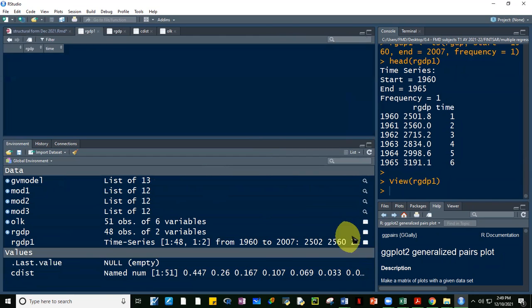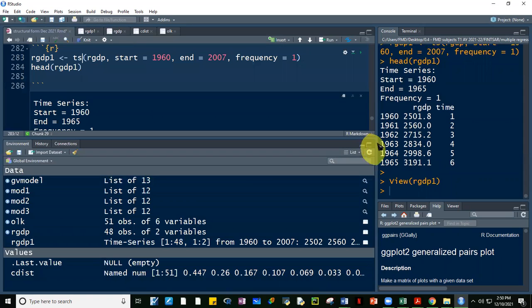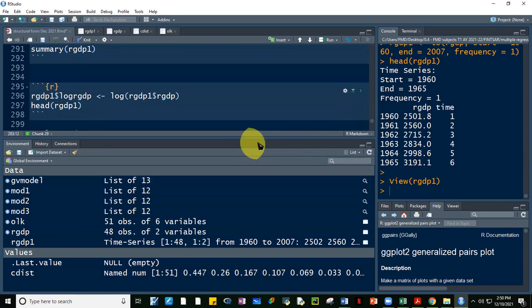Open it. Okay, time. The 1 there is 1960, although it's not reflected here. Okay, questions so far, guys? Questions so far? None, sir.